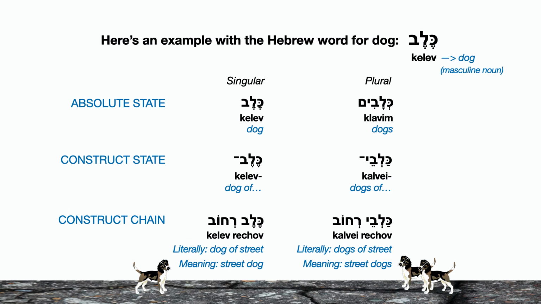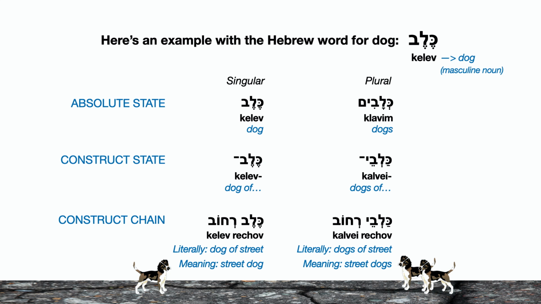Here's an example with the Hebrew word for dog, kelev. In its absolute state, in the singular form, the word for dog is kelev. And its plural form is klavim. Kelev, dog, klavim, dogs. So that's the absolute original state of these words.